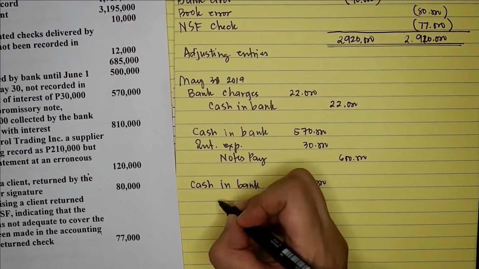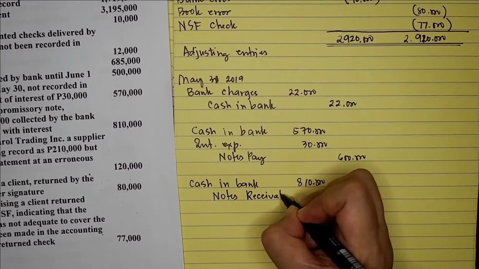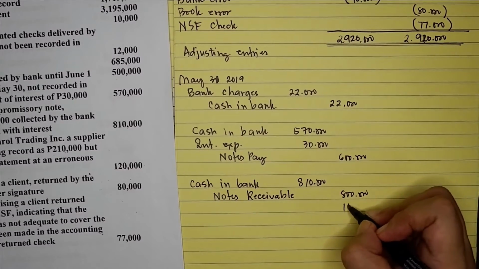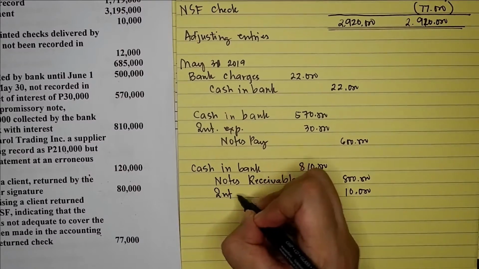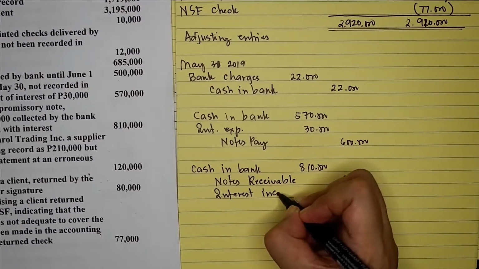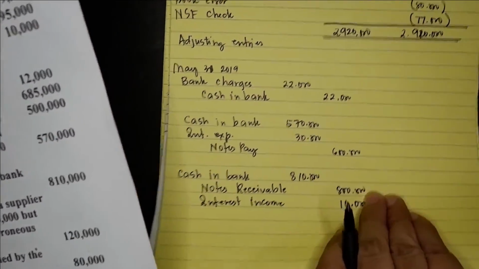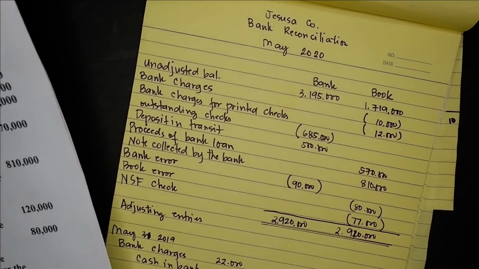So, credit notes receivable, 800,000. And what is the 10,000 difference? That is interest income.